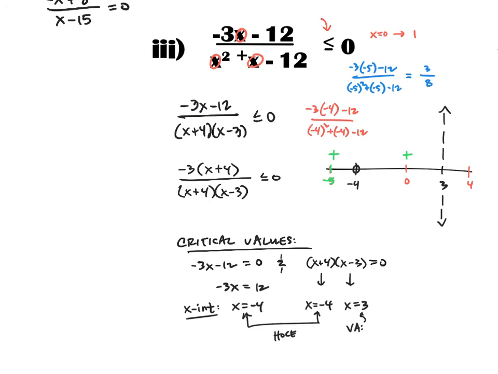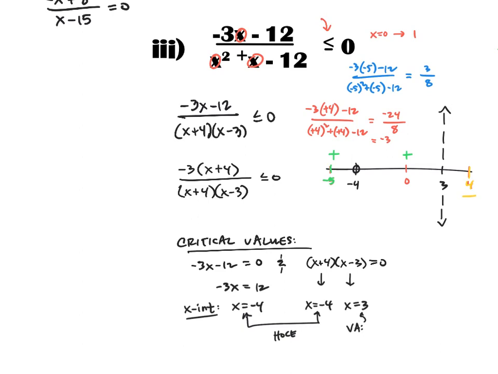Whoops, sorry, that should be a positive 4. So that would be equal to negative 24 over 16 plus 4, which is 20, minus 12, which is 8. So it looks like I get a negative 3. So my output here at 4 is negative.